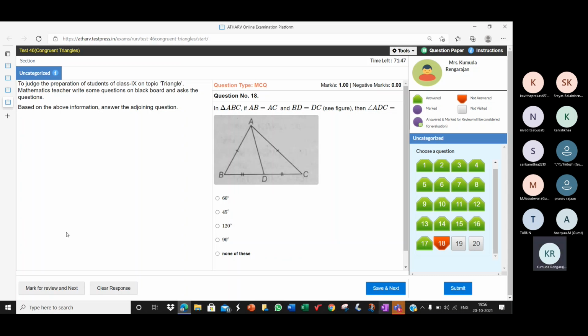Sometimes when no angle is given to you, you might feel it is impossible to find the measure of any angle. Then the answer is none of these. Yes, Shreyas says 90 degrees.